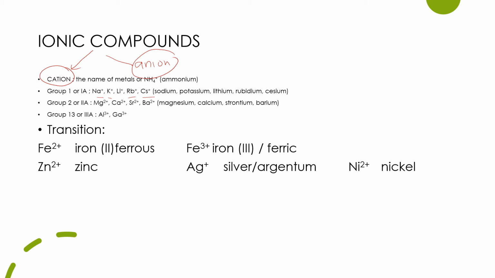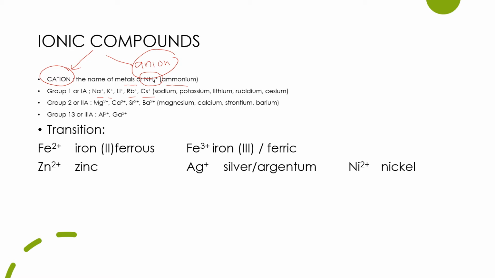The name is the name of the metal. For cations from metals, we just say the name of the metal. For the cation NH4+, the name is ammonium.